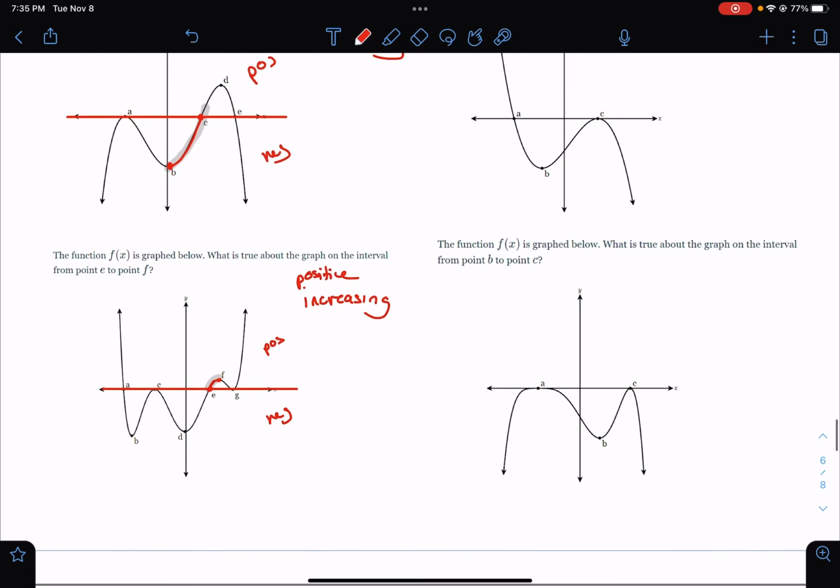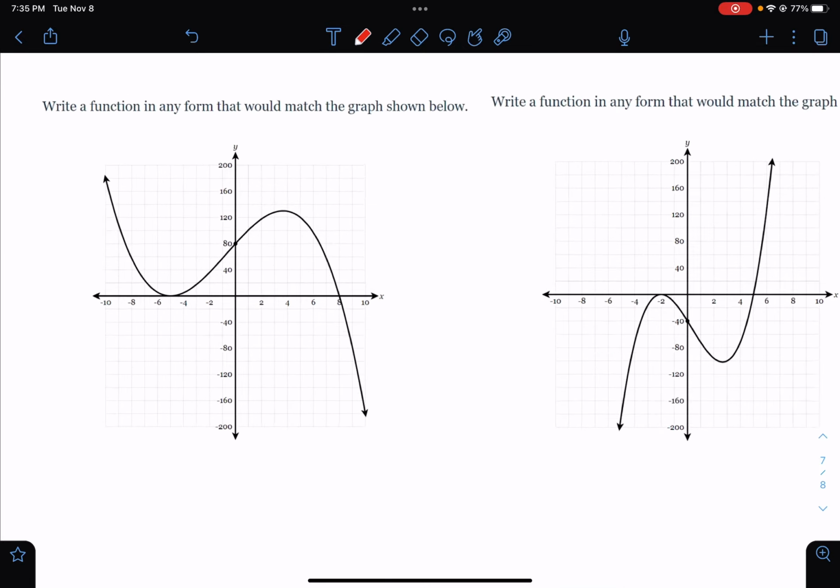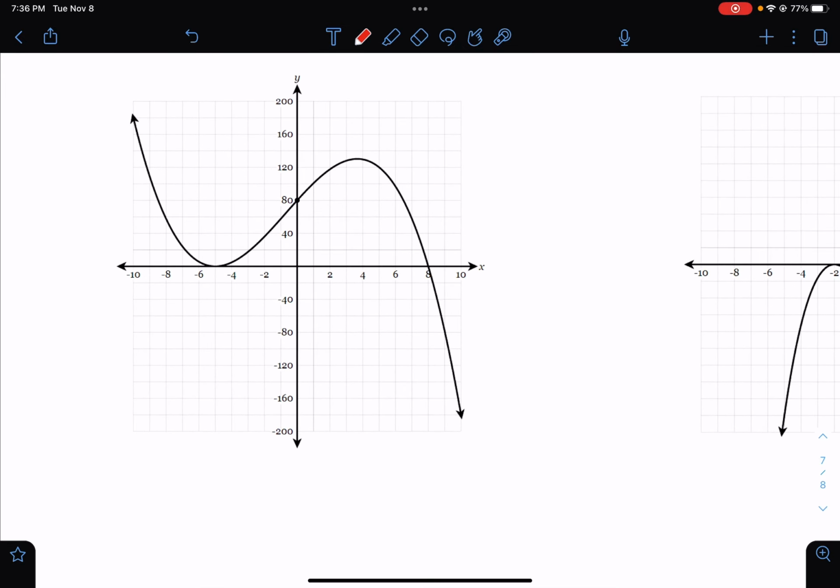All right. Next, they want us to actually write the equations of these polynomials. So you should already feel pretty comfortable with identifying the roots from looking at the graph. The only thing that really is going to be new here is determining the a value, which you've done with quadratics before.